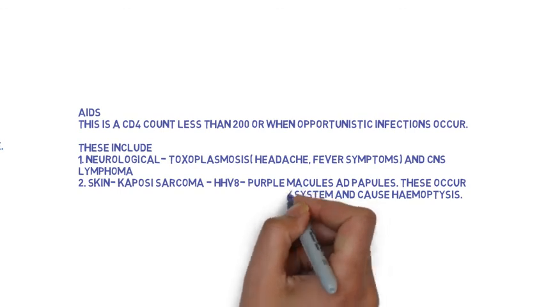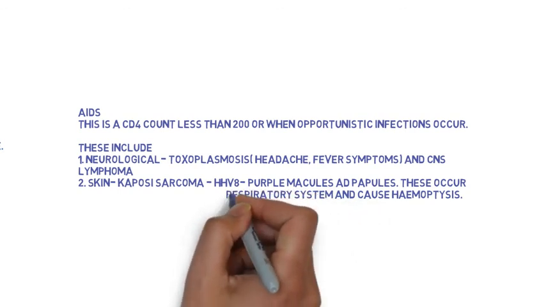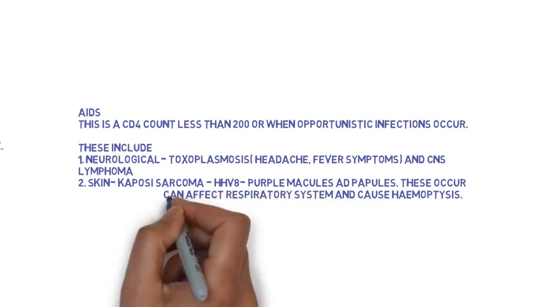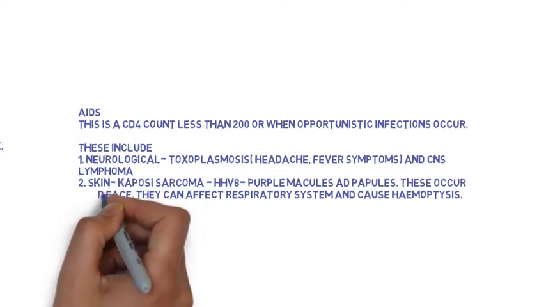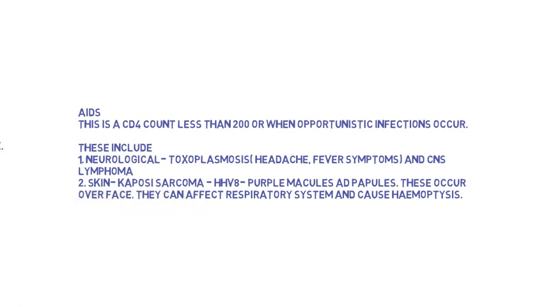For example, a patient may be infected by toxoplasmosis, which causes neurological symptoms such as a headache and fever, and they also may be prone to things like CNS lymphoma.